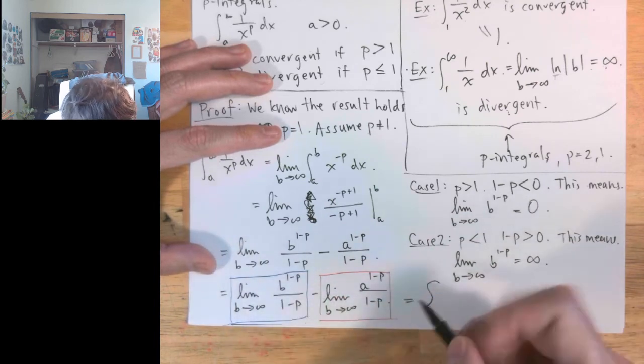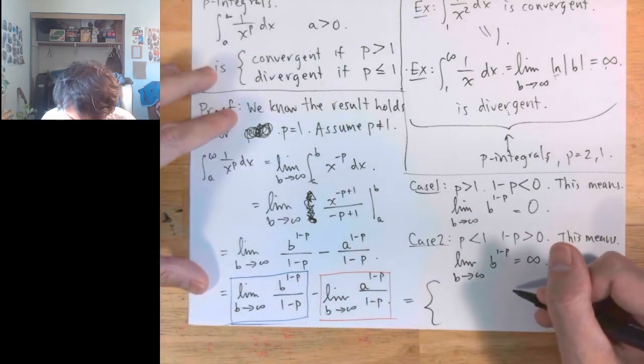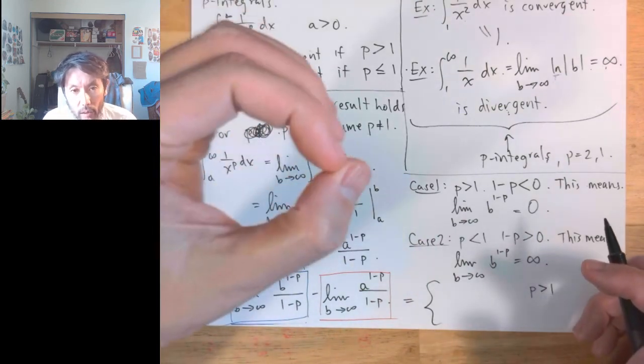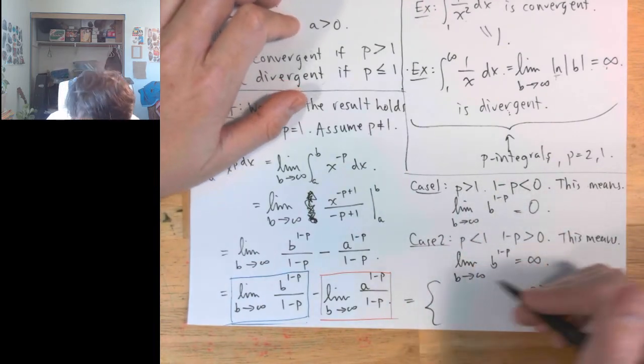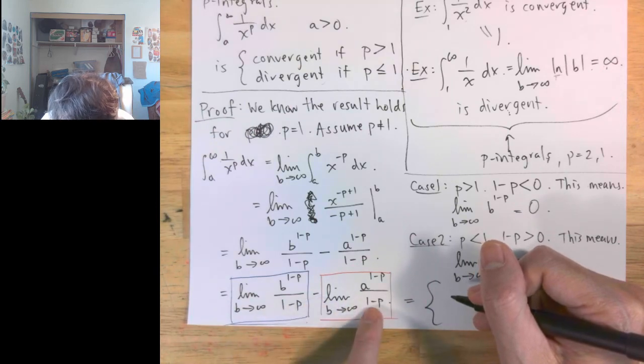So this thing here is equal to, again, if P is bigger than 1, then this blue rectangle is 0, right? And that's by this argument in case 1 here. So now what I'm going to do is take out a negative sign from here and make it get married to that negative sign.